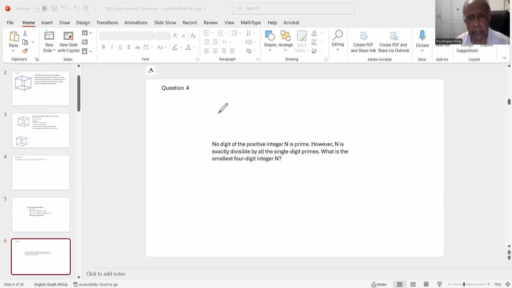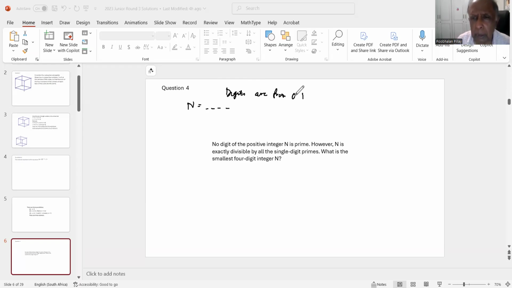So you got a positive integer n, and none of its digits is prime. So the digits are... Okay, we have to look at the digits which are not prime. 1, by definition, 1 is not a prime.